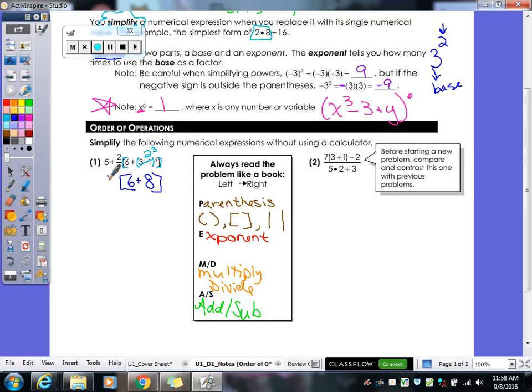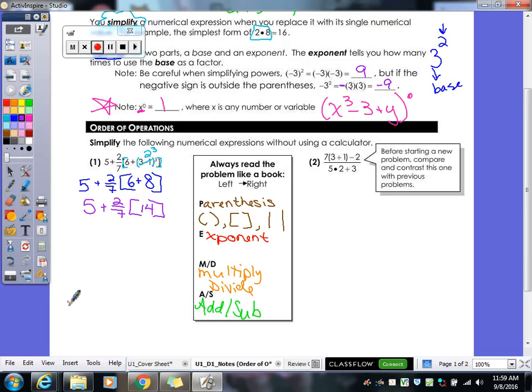And I'm just going to bring everything else back down around it. So I brought down my plus 6, my brackets, my 2/7 and my 5. So now we're still working in the brackets. So now we need to add, what's our 6 plus our 8? 14. So we get 5 plus 2/7 times 14.